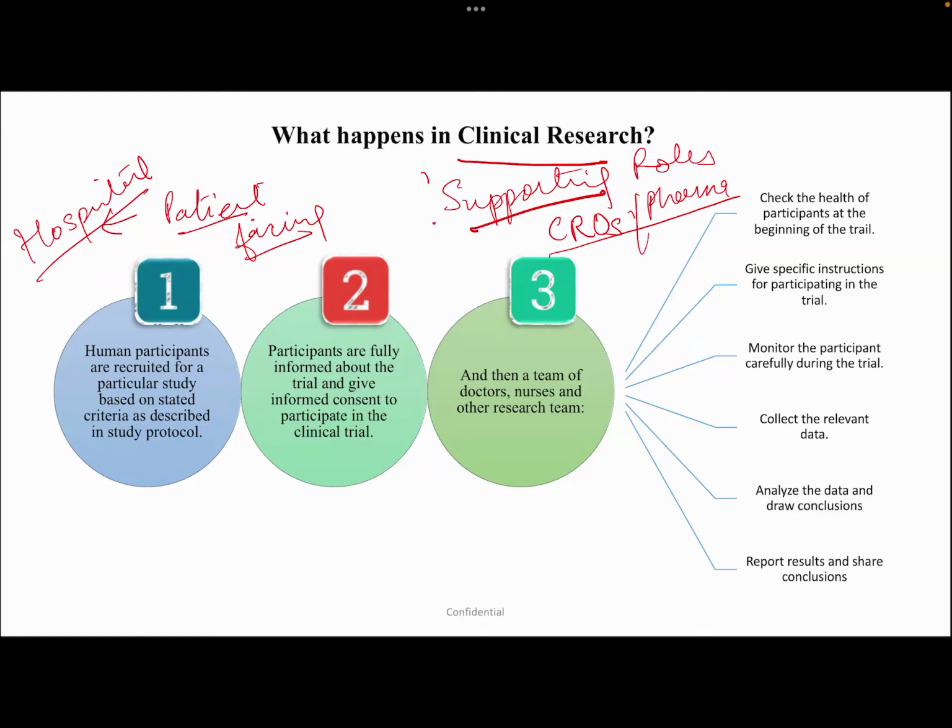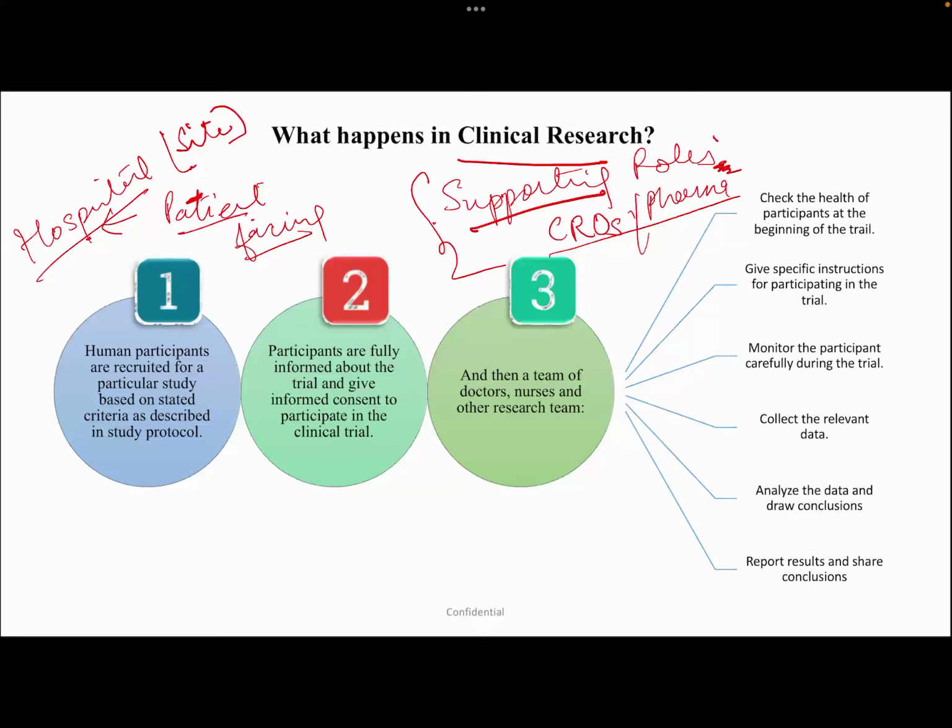But here you see all the roles: medical writers, SAS programmers, CRA, monitoring division, regulatory team, all are supporting roles. The hospital is also known as a site. Only the roles in the hospital, where research is actually happening, are patient facing roles. The rest are not. Even your auditors are in supporting roles.